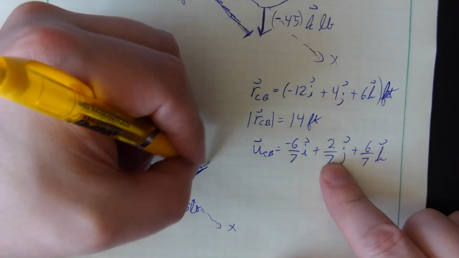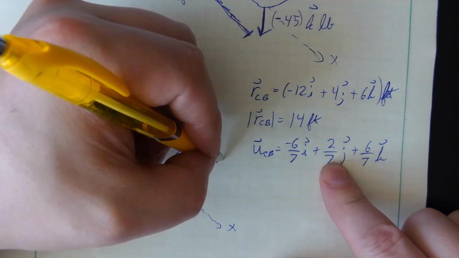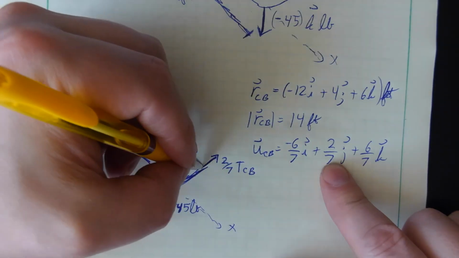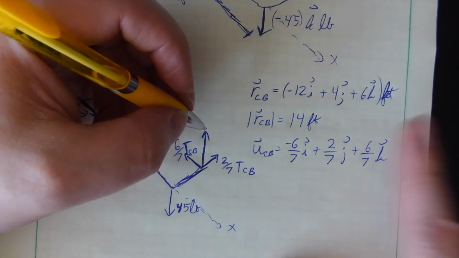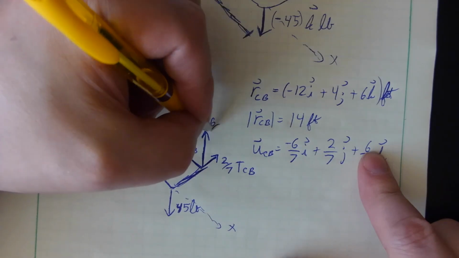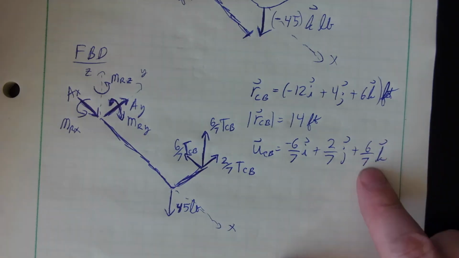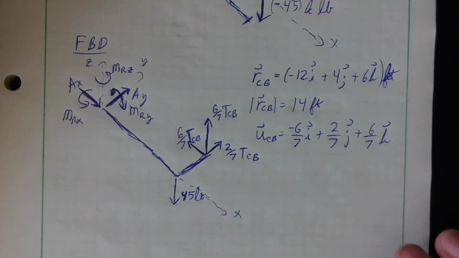So from here, it's attached here, it's going to apply a pulling force. I'm going to have 2/7 TCB. And then going up, I've got 6/7 TCB in the positive z direction. Okay. That is one free body diagram.